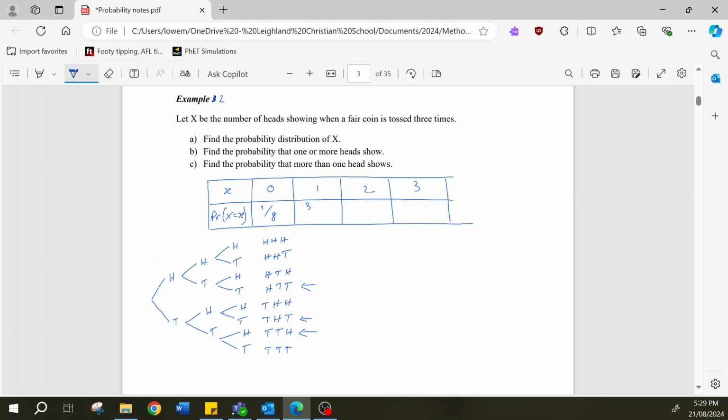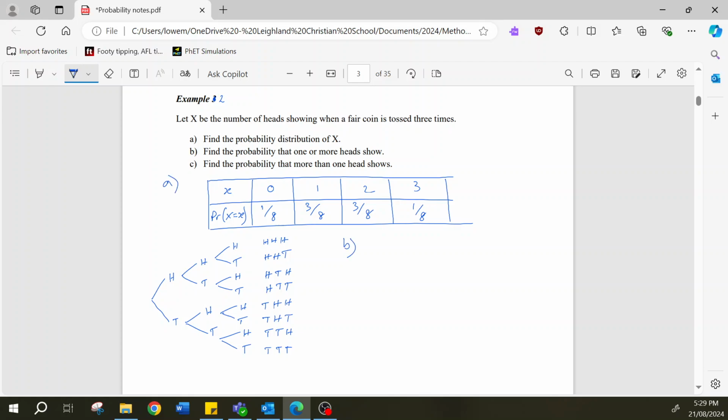So that's 3 out of 8. 2 heads would be like 1 tail, and so that's also going to be 3 out of 8, or 3 heads, which is that one there, 1 out of 8. So there's our probability distribution of our random variable X.